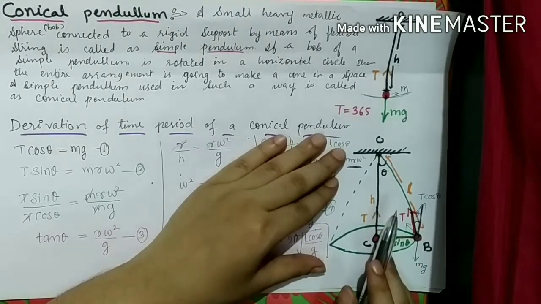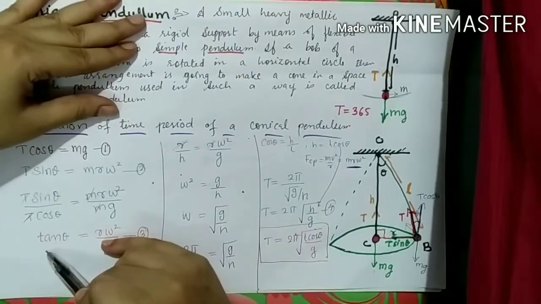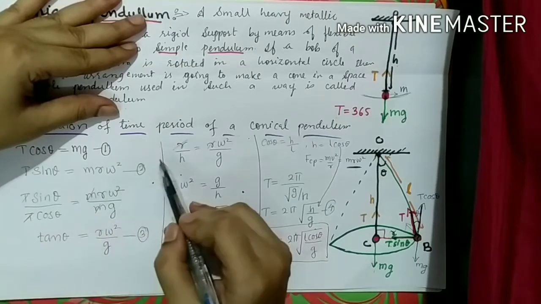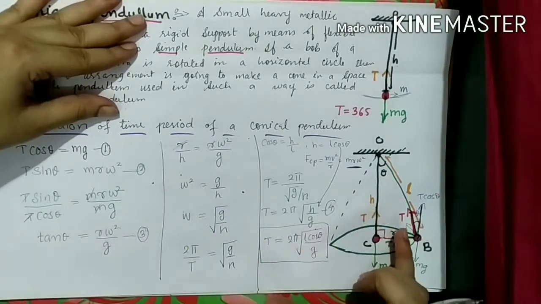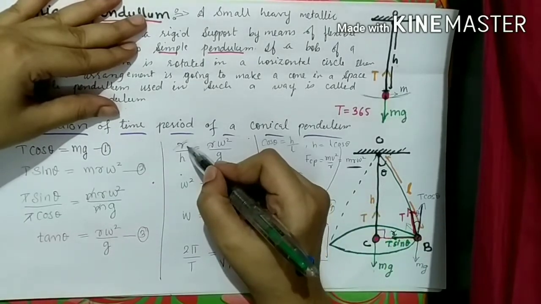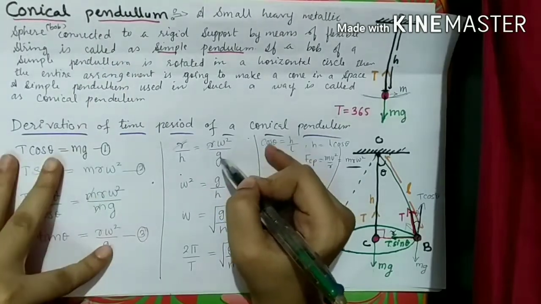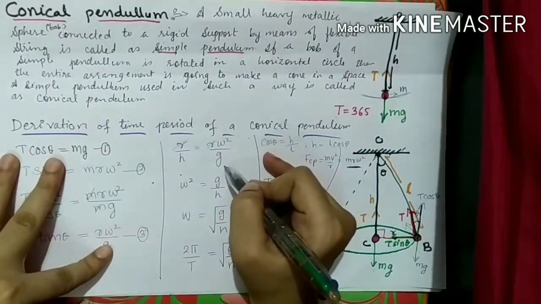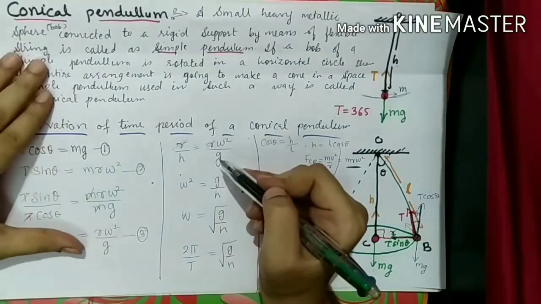So we substitute tan theta in this equation: r upon h is equal to, RHS remains as it is, r omega square upon g. Then r is going to cancel.